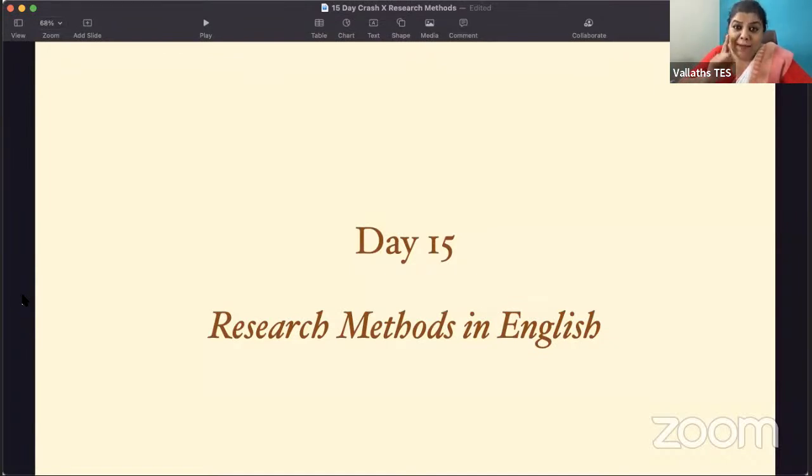Research is a systematic investigation. Research should be systematic. There should be questions. There should be a methodology. There should be an investigation of some existing problem. And you should be using some materials to study.